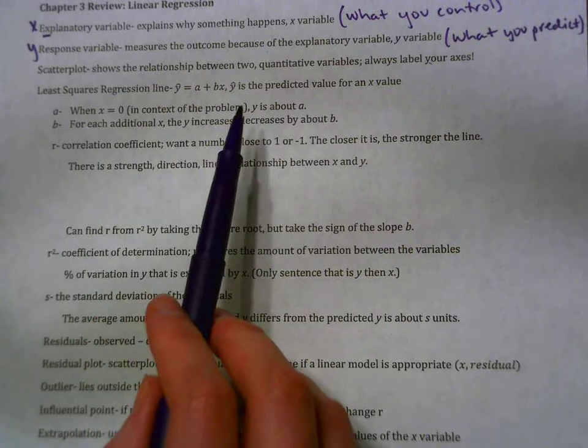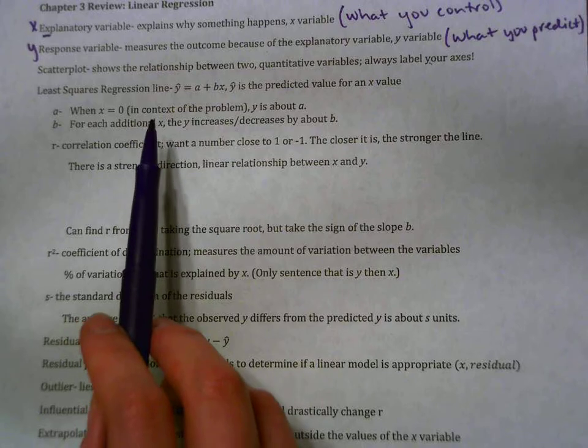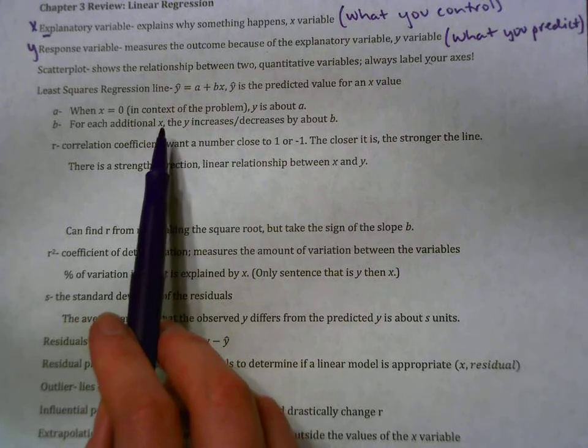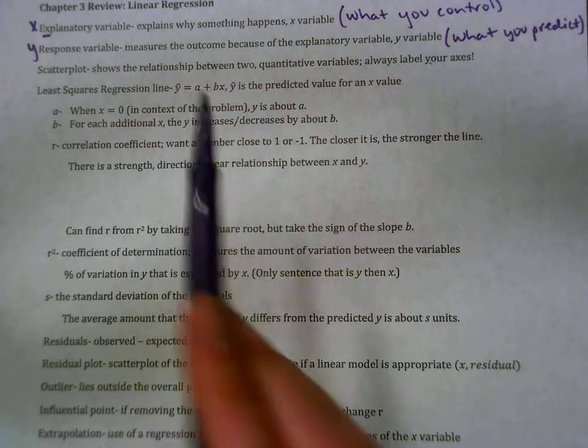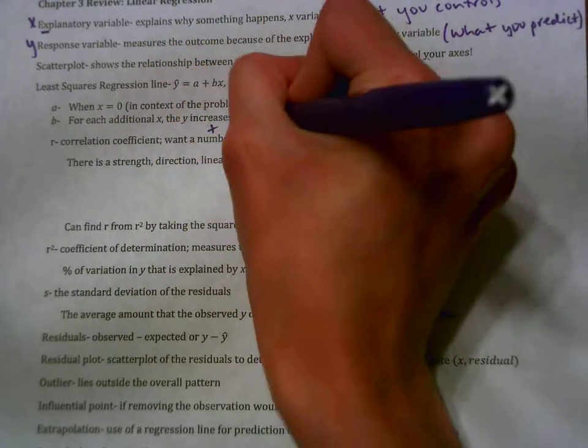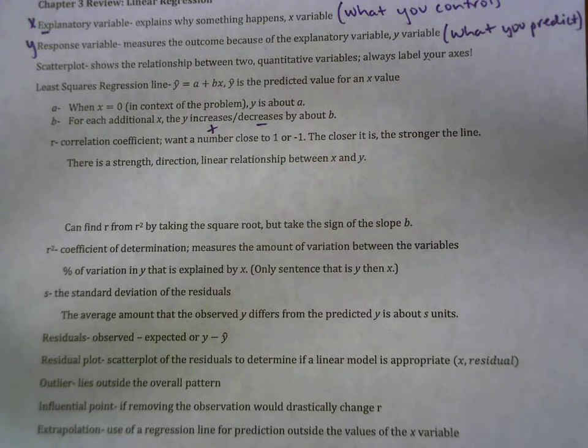And then B would be your slope, and the way you interpret slope is for each additional x, which again should be in context, the y either increases or decreases depending on whether it's a positive or negative slope by about B. Just make sure you use context for your x.